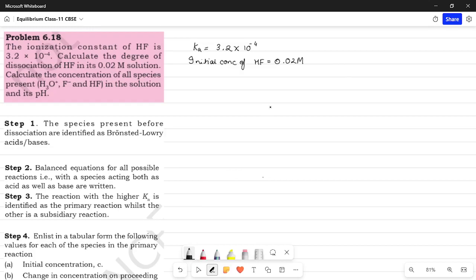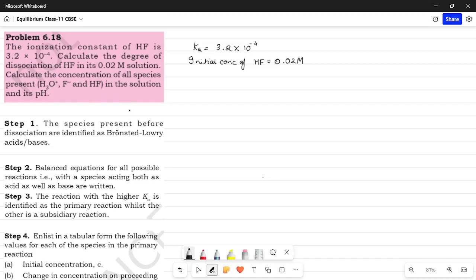Not just that, we also have to calculate the concentration of all the species present. So we need to figure out the concentration of H3O plus, F minus, and HF in the solution, and we need to calculate the pH. Okay, so these are the things we need to figure out.